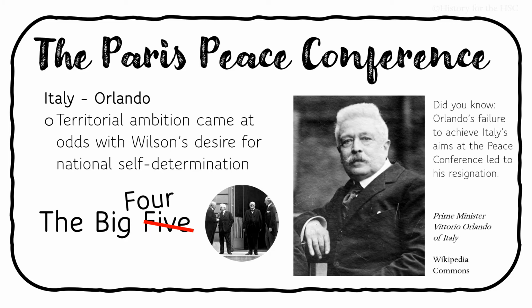And Italy's failure here to achieve their territorial ambitions destroyed the political career of the Prime Minister Orlando. He resigned about a week or so out from the signing of the conference. His political career had been ruined. He had lost all popularity. And in fact, this severely weakened, we will see, the democracy in Italy.